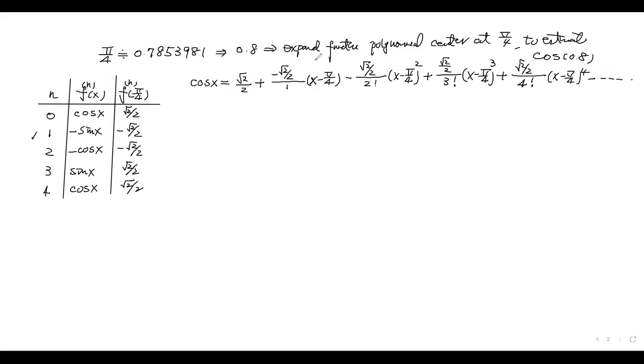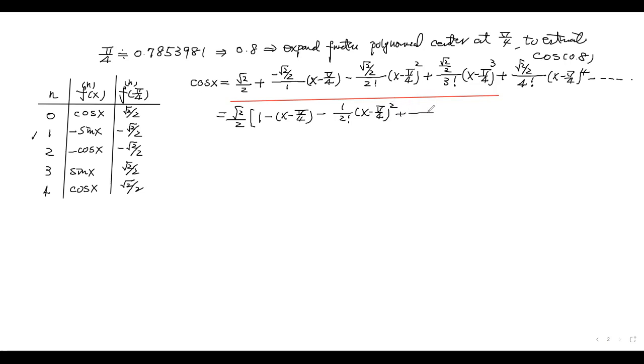Okay, so as you see, the problem wanted us to do this by using the first four non-zero terms. That means these four, right? Then also you see they all have a constant, so I can take the constant square root of 2 over 2 out. So this will just be 1 minus (x minus pi over 4), then minus 2 factorial, then this is (x minus pi over 4) squared.